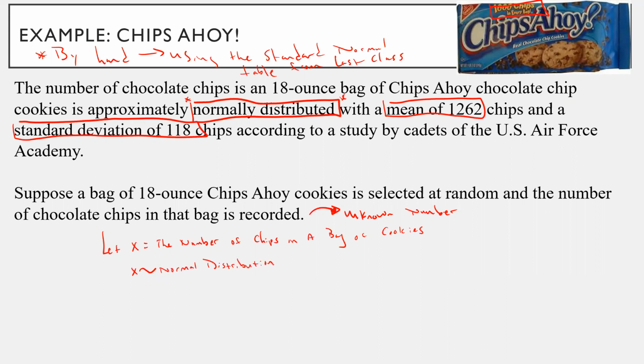And then they're telling you the mean is 1262. So on average, there's more than 1,000 chips in the bag. That's great. And the standard deviation is 118 chips. Okay.